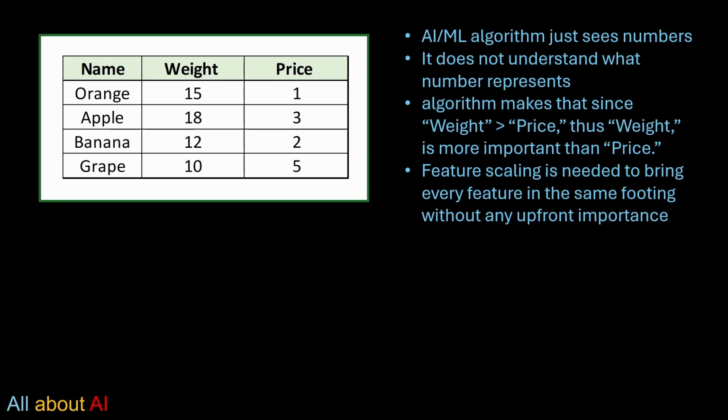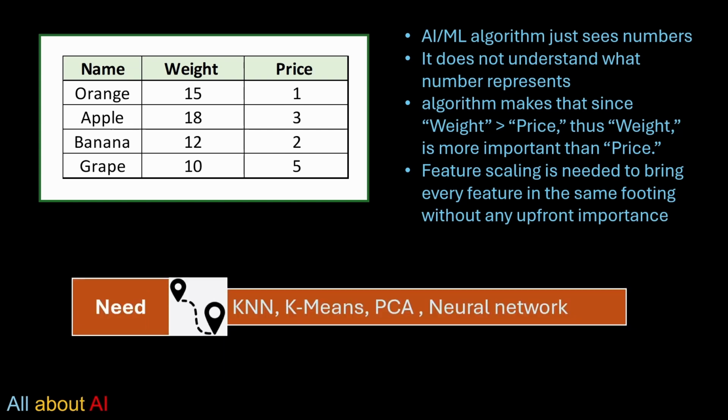Since weights have larger numbers here, the algorithm treats them as more important compared to price. So feature scaling is needed to bring every feature onto the same footing without any upfront importance.